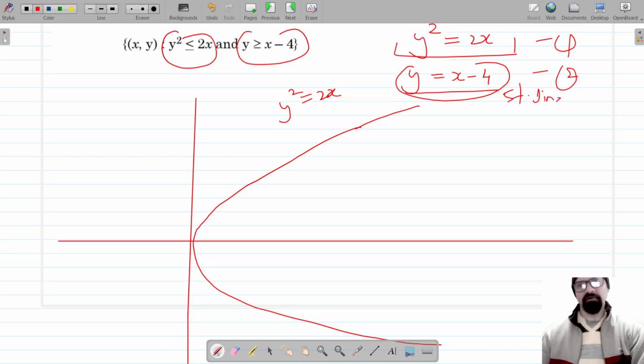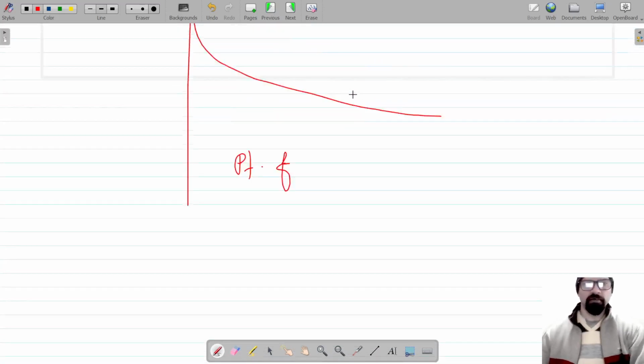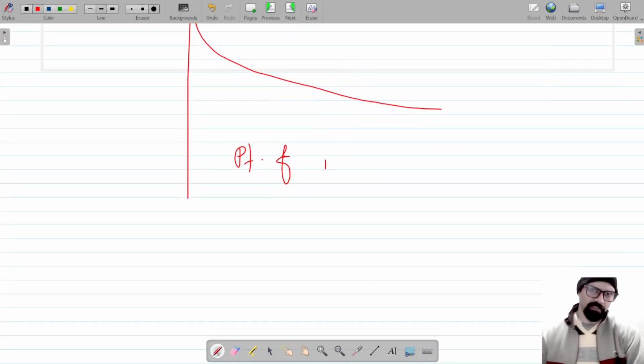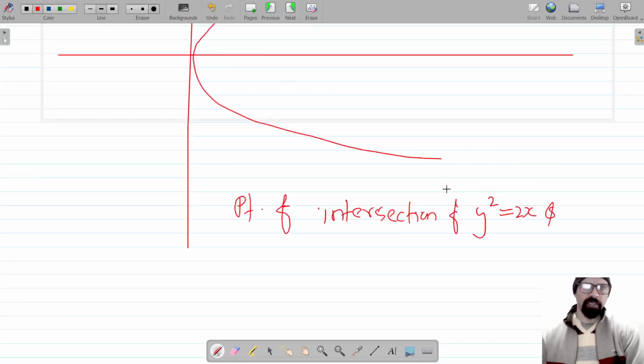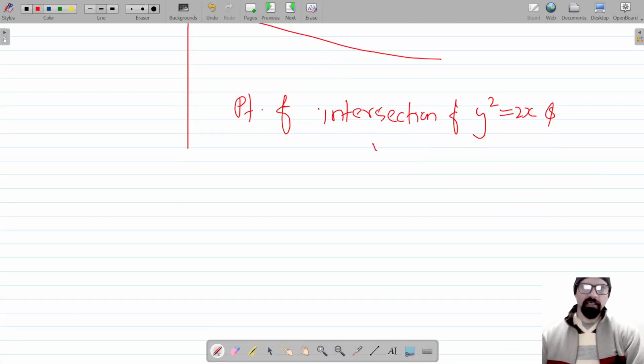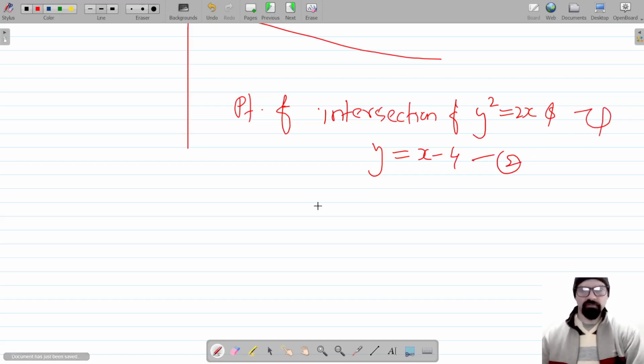We all know it's a linear equation, so it's a straight line. But we have to find the point of intersection of the parabola and the line. So let's find out the point of intersection of y squared is equal to 2x and y is equal to x minus 4. This is equation 2, this is equation 1.